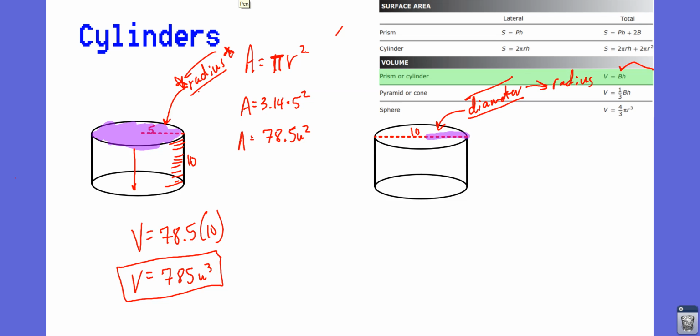So half of 10 is 5, which matches up with this one over here. I'm not going to go through the same process because the answer is exactly the same. But I just wanted to make sure that we're looking at a diameter, we're looking at a radius, understanding that the area formula requires a radius.